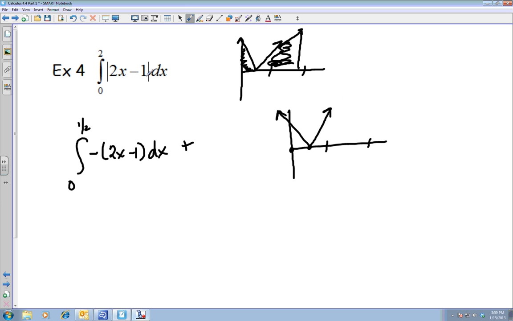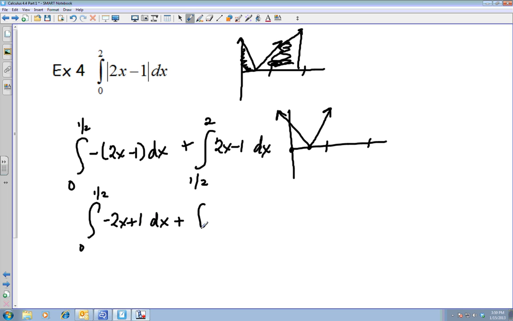The rest of this is that equation, but I'm going from 1/2 to 2. So 1/2 to 2 of 2x minus 1 dx. So now, before I do this, I need to distribute my negative. So I have from 0 to 1/2 of negative 2x plus 1 dx plus 1/2 to 2 of 2x minus 1 dx.